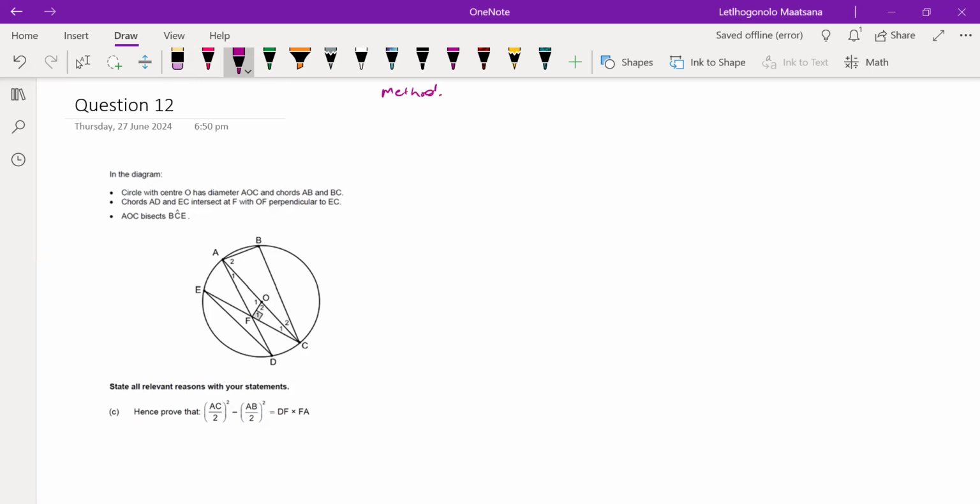They start off with the left-hand side, which reads as (AC/2)² minus (AB/2)². If we square it out, we will have AC²/4 minus AB²/4. And if we look at it, they are talking about this triangle over here.